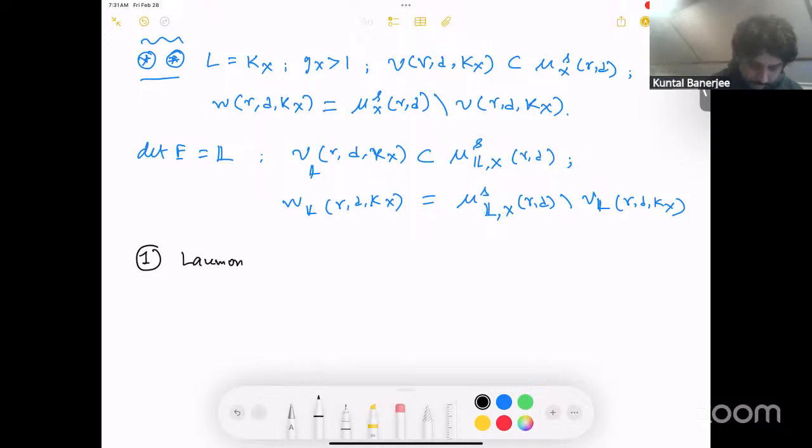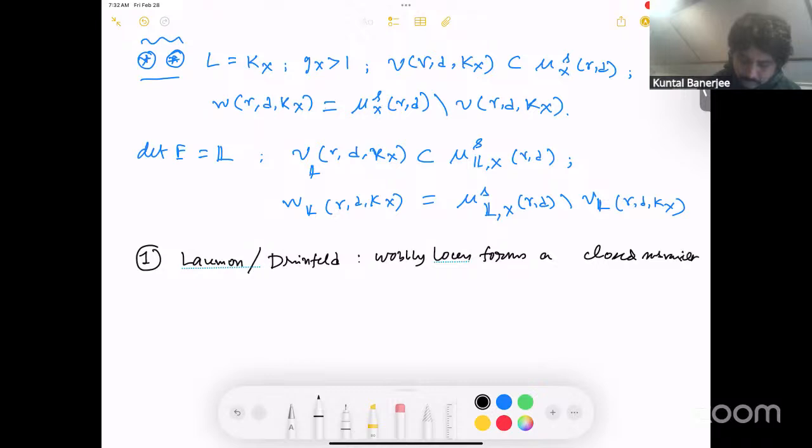Laumon, in his first paper on the global nilpotent cone, written in French actually, attributed a result to Drinfeld, which says that the wobbly locus forms a closed subvariety of stable bundles of complex codimension 1.